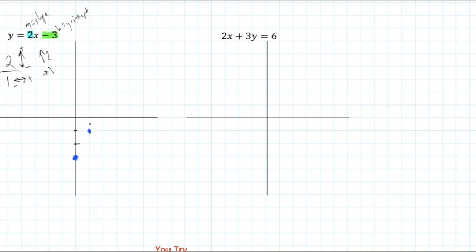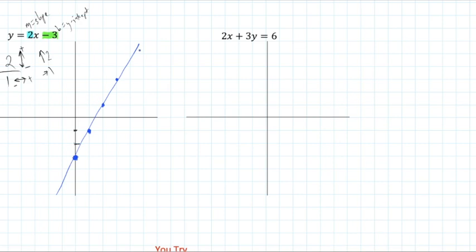And then from this point, again, I can go up 2, right 1, up 2, right 1, and I can now sketch my line. So I'm going to sketch a line. And that's it. That is you graphing a line.